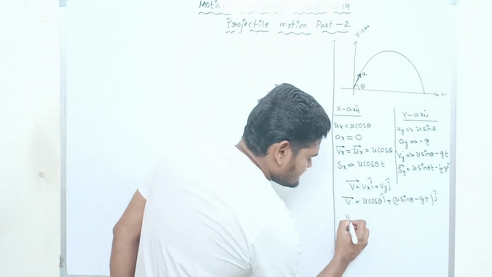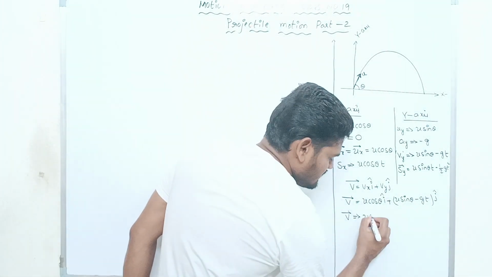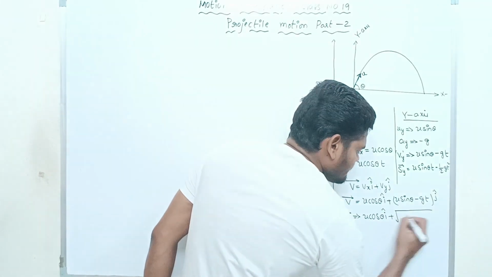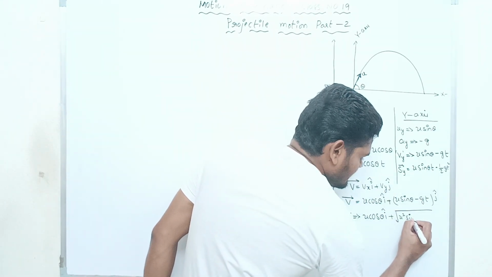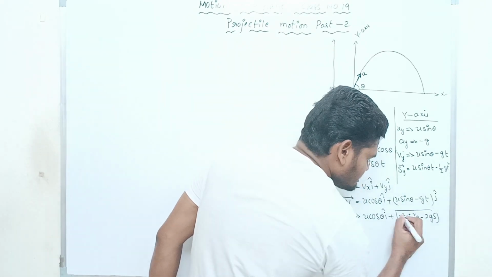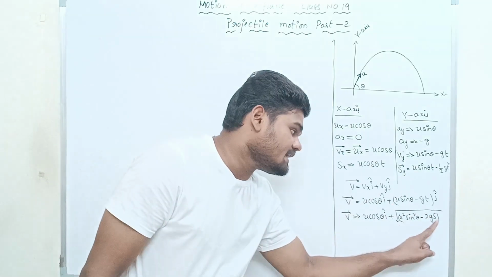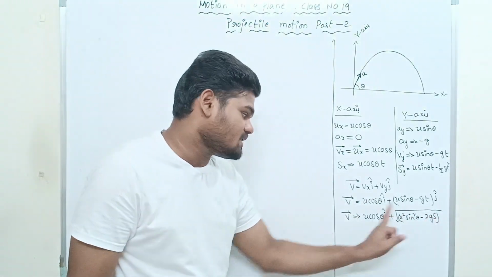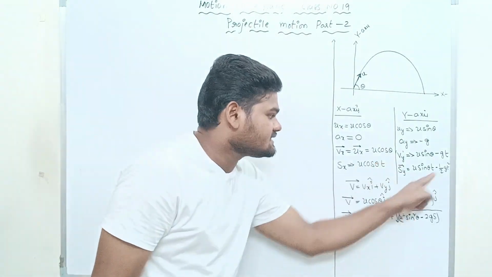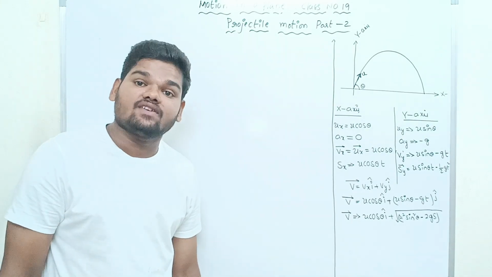At any particular height h, the velocity of the object is u cos theta into i cap plus under root of u square sin square theta minus 2gs, as a function of displacement, whereas the final velocity in the earlier case was as a function of time. All these things we discussed in our previous lecture.